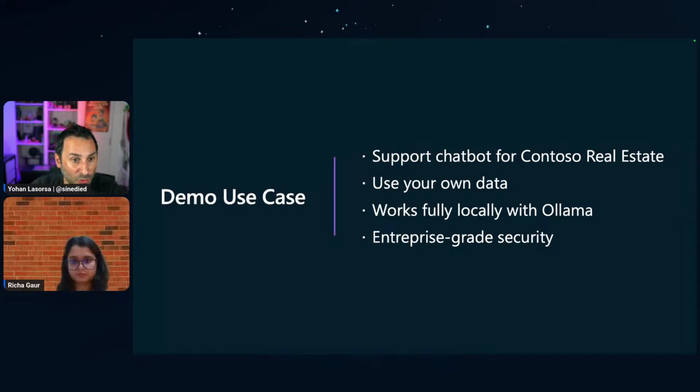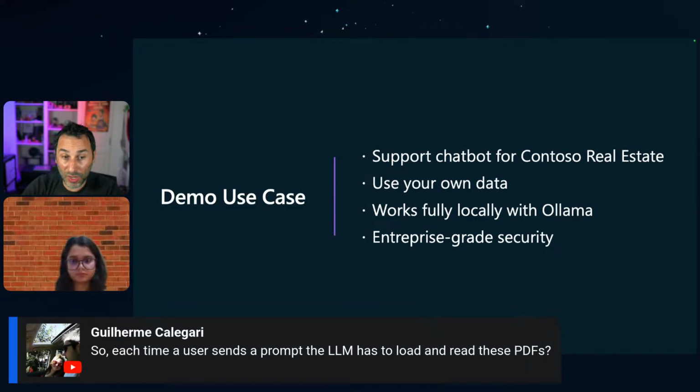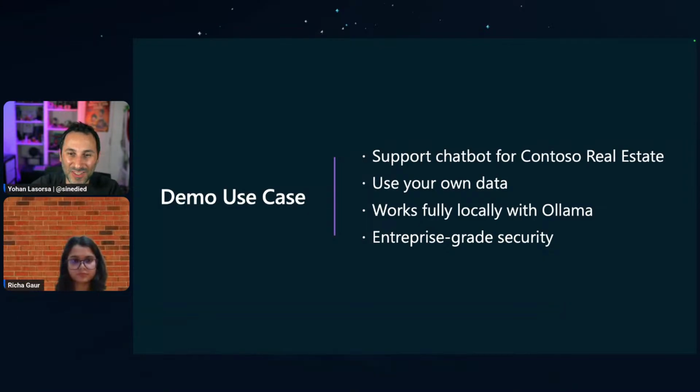So I see a question in the chat from Guillaume: each time a user sends a prompt, the LLM has to load and read this PDF. So no, I can just do a quick answer to this question. Basically, the RAG process works in two stages.